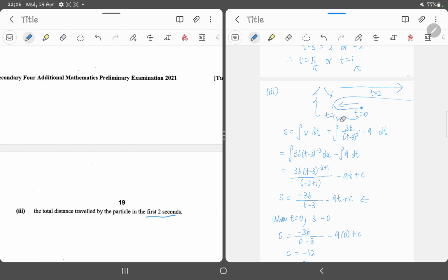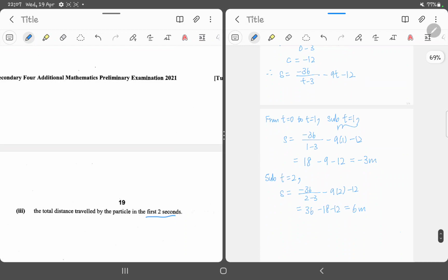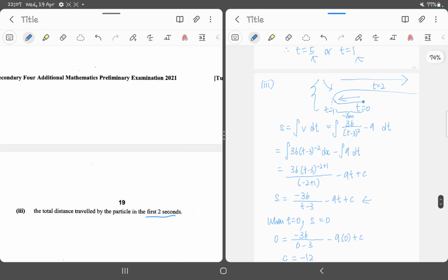So this distance over here, remember, displacement is always measured relative to the origin. So this displacement here is minus 3 meters, because it's going to the left. And we have found that at t equals 2, it is positive 6 meters away from the origin.